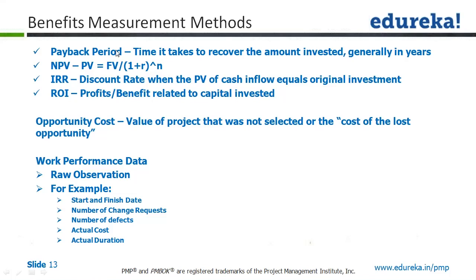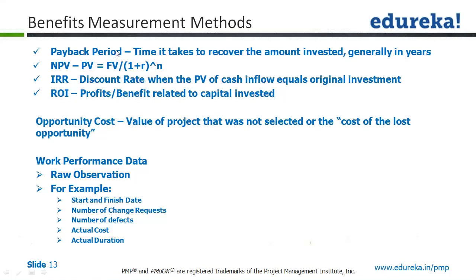The second project carries a value of $200,000. If you have selected the project with $50,000, then whatever you have not selected, that means the opportunity which you have not selected, becomes the opportunity cost. So in that case, your answer would be that the opportunity cost is $200,000. That means you have not selected that project, so that becomes your opportunity cost.